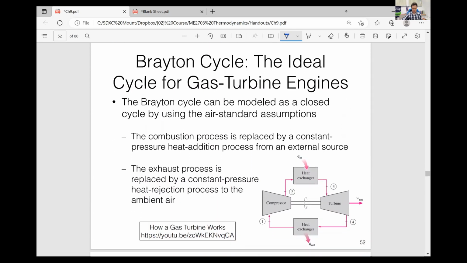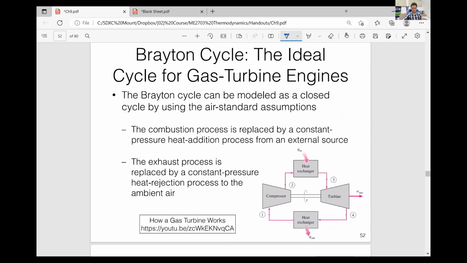All right, next we are moving to the Brayton cycle. The Brayton cycle can be modeled as a closed cycle by using the air standard assumption. The Brayton cycle is actually the ideal cycle for gas turbine engines. So this is a very useful cycle.